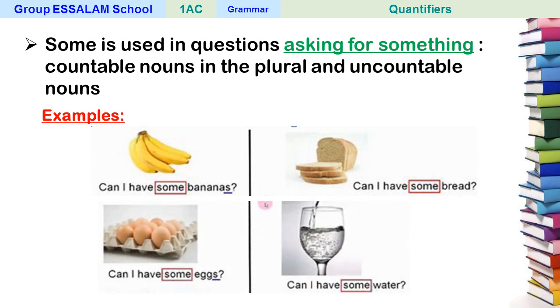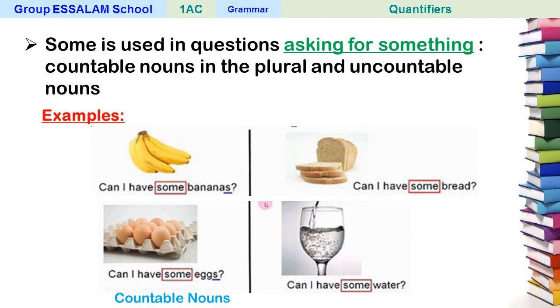Let's see these other examples. Can I have some eggs? Eggs is a countable noun, and also this is a request. Can I have some eggs? The last example here, we have can I have some water? Water is uncountable noun. That's why we cannot say can I have some waters. We have already mentioned that the uncountable nouns, they don't take the s at the end. So the first example and the third one are countable nouns.